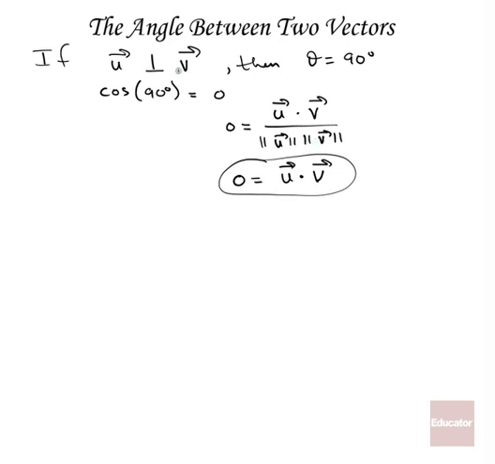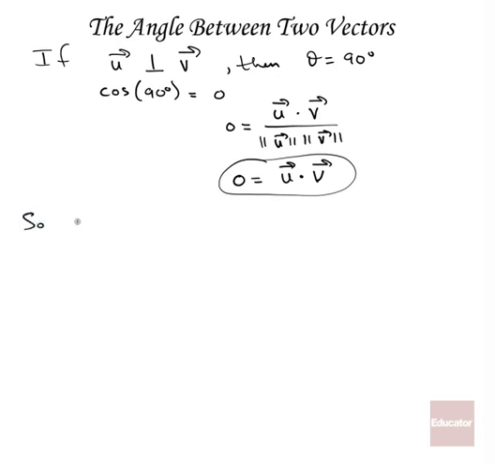As it turns out, if the two vectors are perpendicular to each other, the dot product is 0. If the dot product of two vectors is 0, they are perpendicular to each other. We don't say perpendicular, we actually use the word orthogonal.